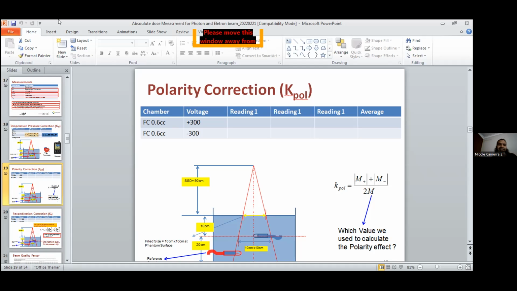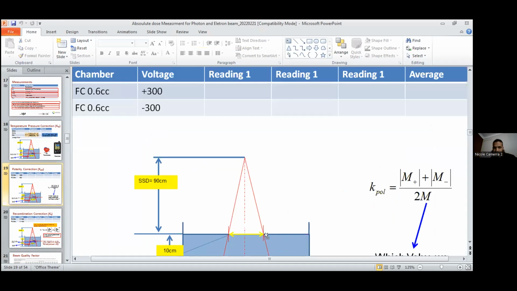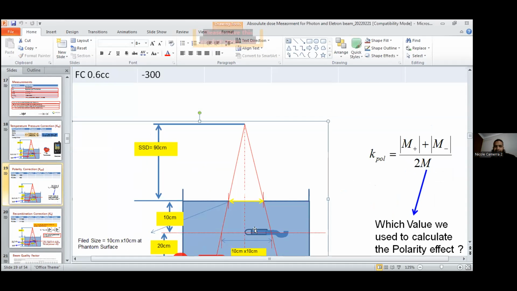Sorry, it should be like this. Thanks for correcting me. It should be in the middle, at the effective point of measurement. Where's the control point? It's here. It should be somewhere here in the middle of that. I get it. Thank you.